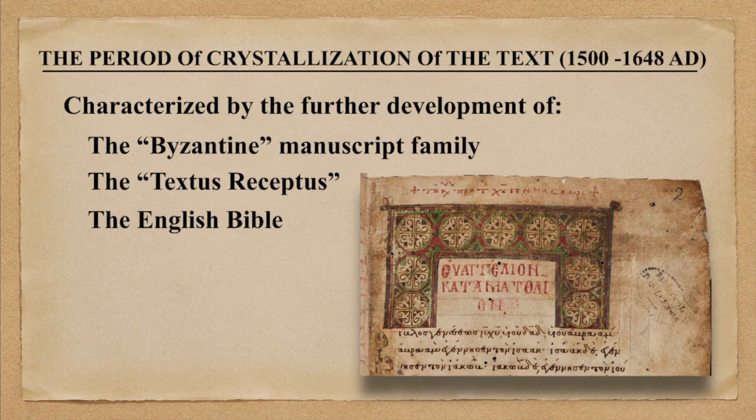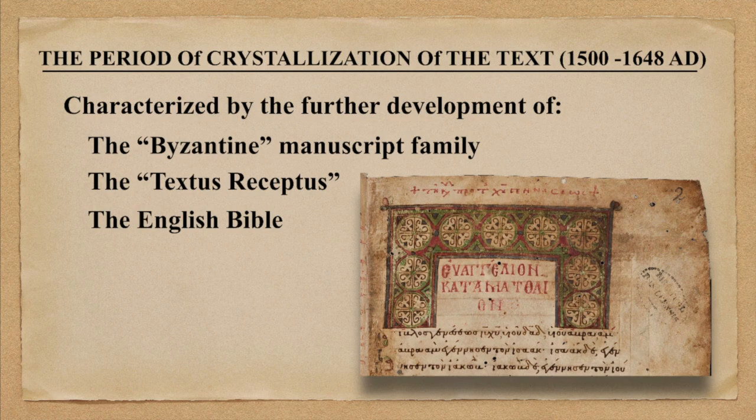The period of crystallization of the text, from 1500 to 1648 AD. This period is primarily characterized by the further development of the Byzantine manuscript family, the Textus Receptus, and the English Bible. We will begin by examining the development of the English Bible, for it is along these lines that we will see most clearly the Greek textual preferences.